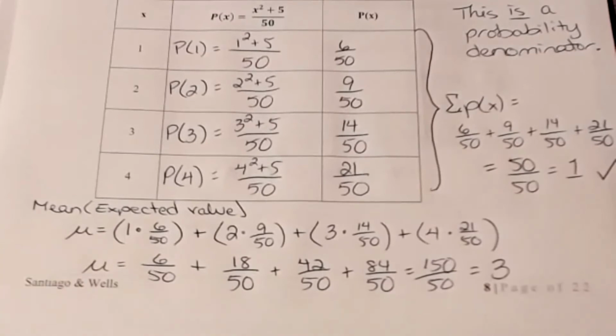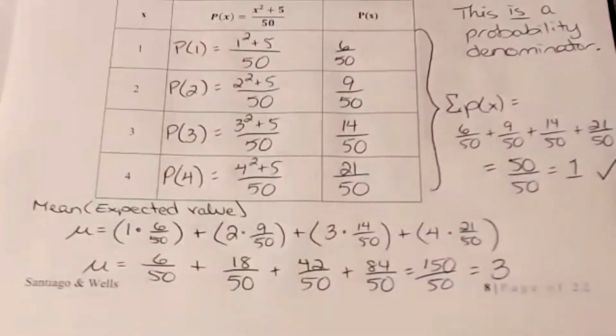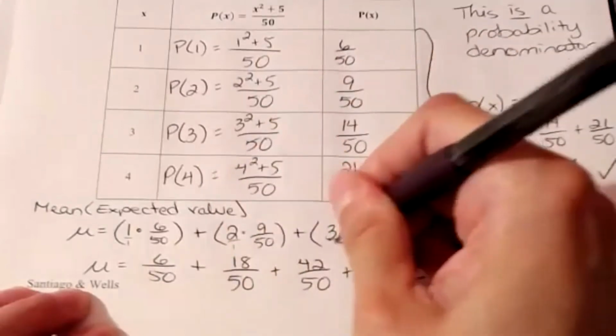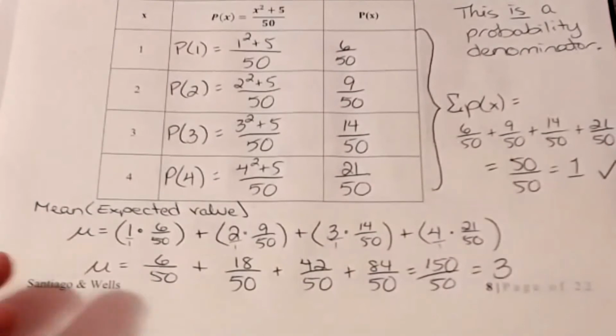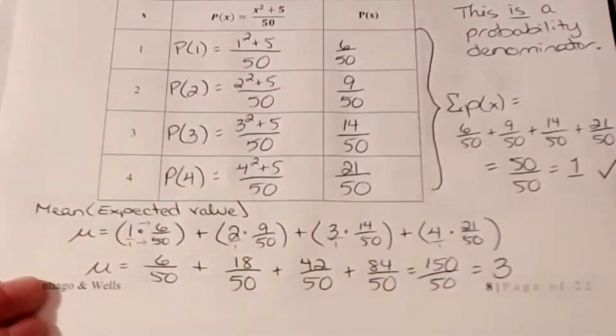How did you multiply the 18 and like the 42 and the 84 and the 150? Oh, how you get that? Go ahead and place, and I'm going to do this in pencil, each whole number over a 1, right? Because every whole number can be rewritten this way. And then remember that when you multiply fractions, you just go left to right. So you go numerator times numerator over denominator times denominator.